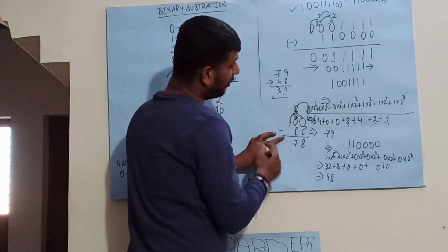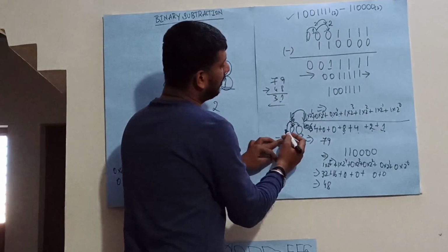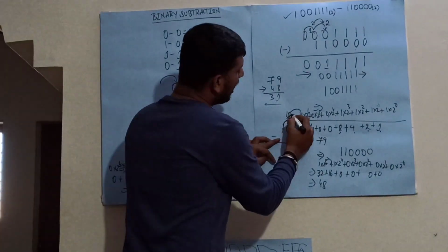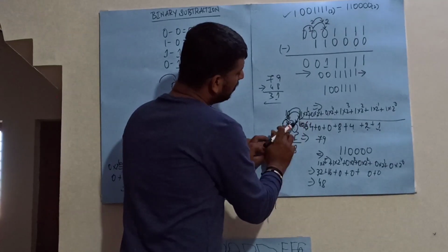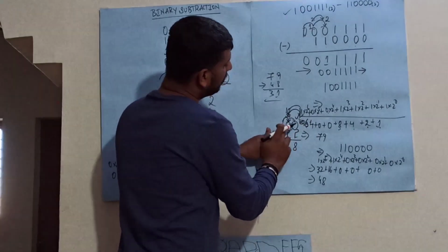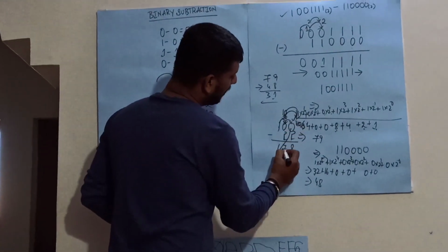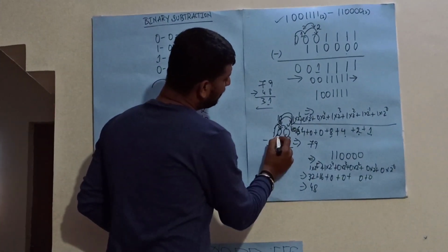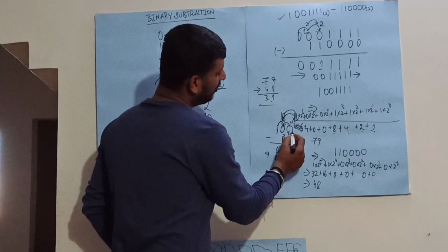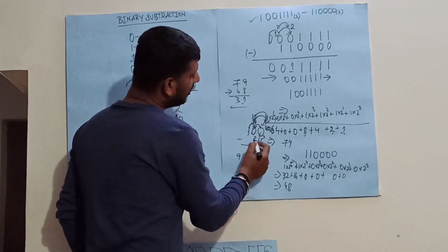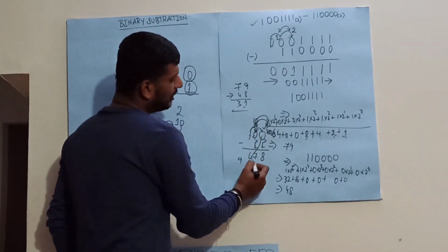Borrowing 1 in the decimal becomes 10. Next I have to borrow from this particular value. So this position becomes 10 and this position becomes 9. So 10 minus 2 is 8, and then 9 minus 2 is 7.